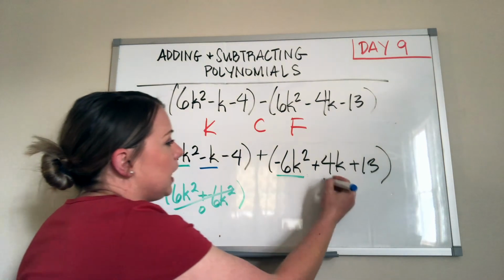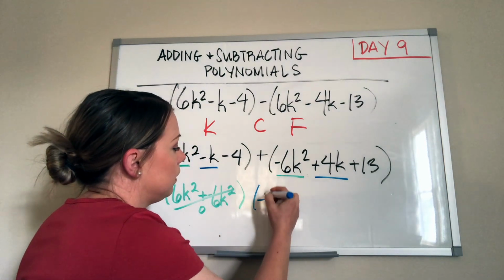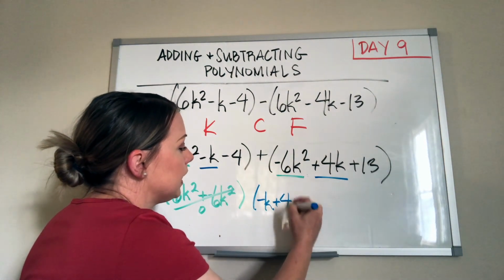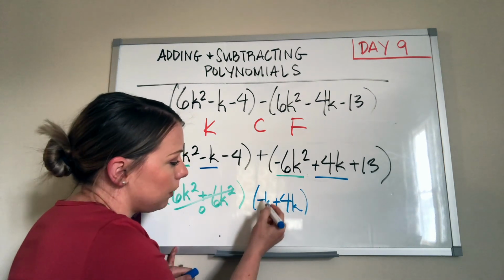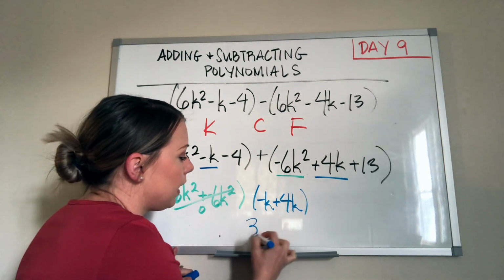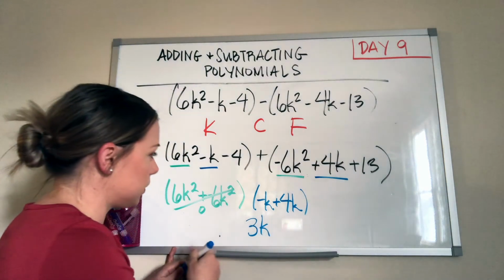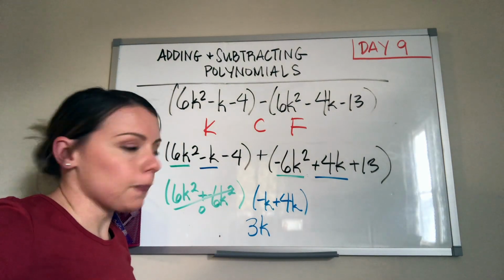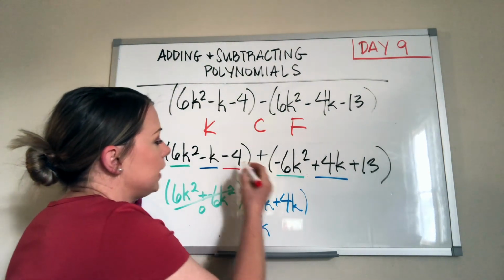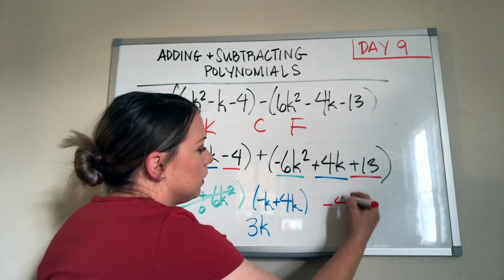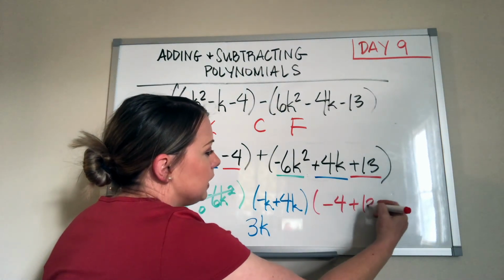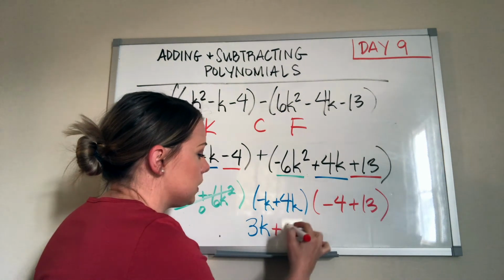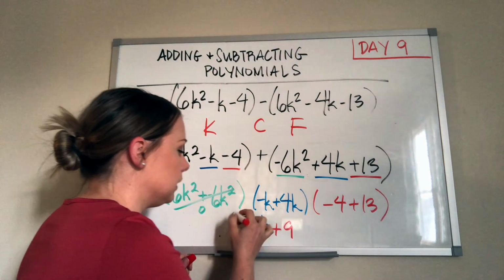All right, now let's move on. I have negative k plus 4k. This is actually a negative 1, so I have 3k to start. And then finally, I have negative 4 plus 13, which produces a positive 9.